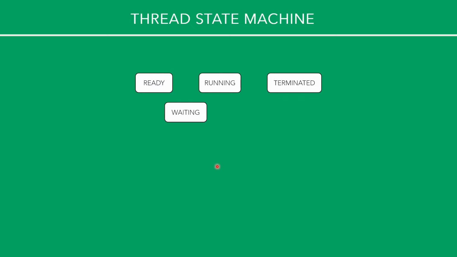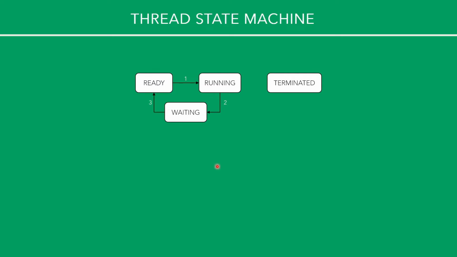Now let's look into the transitions that happen between these states. One of the threads in the ready queue is put into the running state by the scheduler. Actually, the scheduler performs this transition. Running to waiting: as I told you, whenever an IO happens, the thread reaches the waiting state.